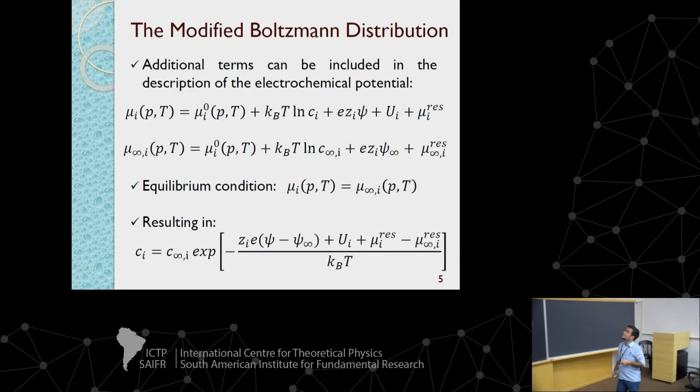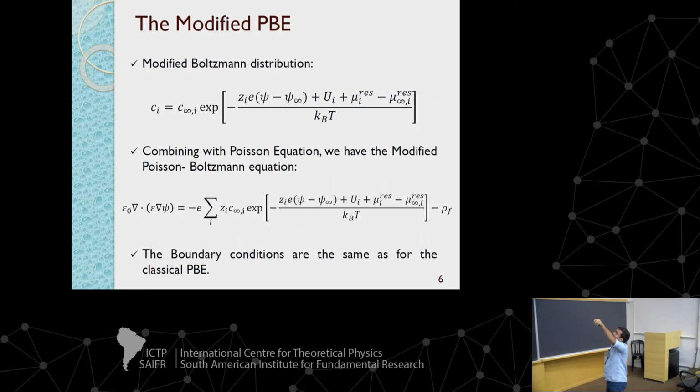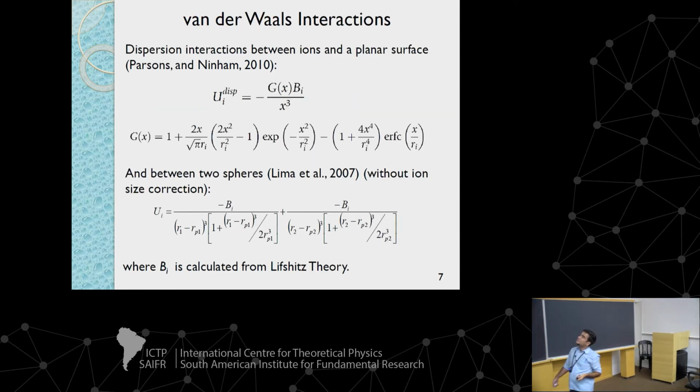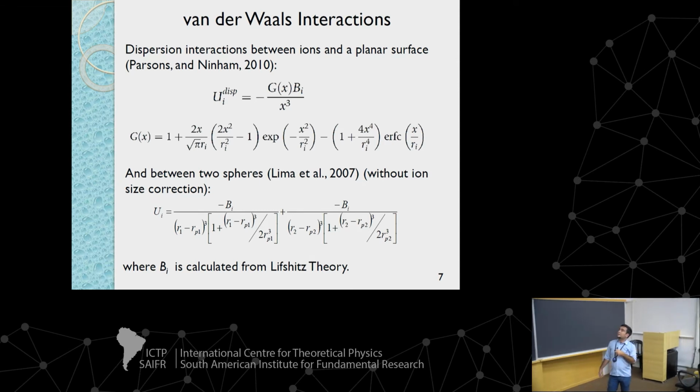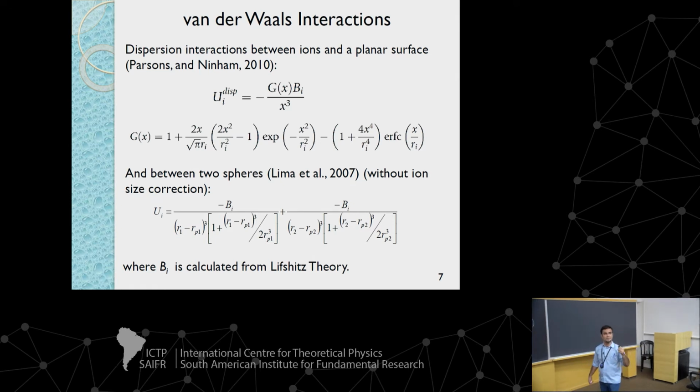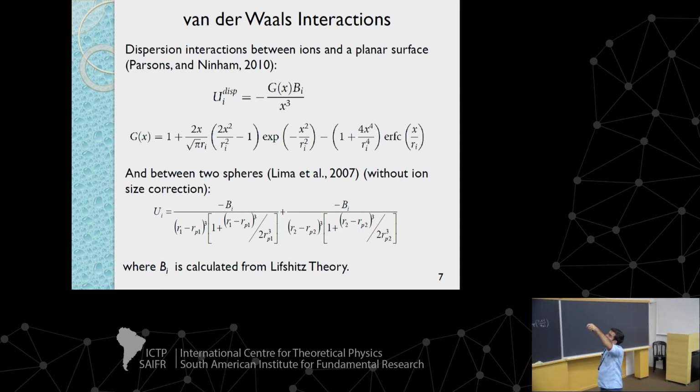So accounting for these modifications, we can have this kind of contribution. There is the external potential that can be somehow like this. This is the ion dispersion interaction between an ion and the surface. We saw this yesterday when we saw that table with the many expressions. So when we have an ion interacting with a flat surface, we have a function that is proportional to 1 over x cubed.